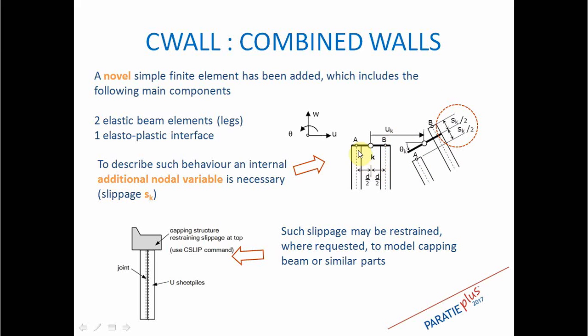So the two internal nodes of the two parts share the same displacement and the same rotations, but they may have a slippage, a mutual slippage between the two elements.